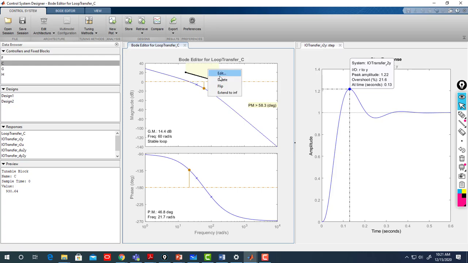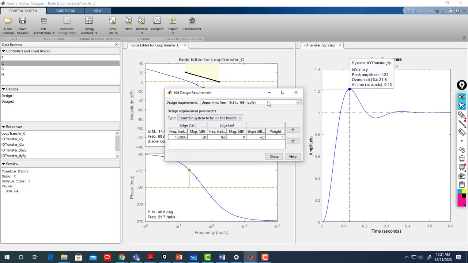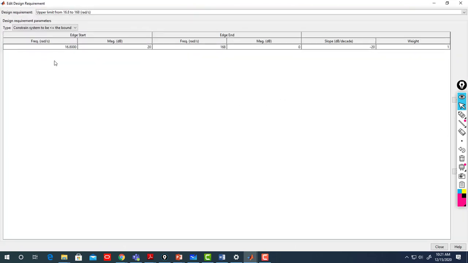Maybe if you wish, I can make it even longer, right? So how to make it longer? Edit. Maybe instead of 16.8, I put 0.168, so divided by 100, which means it's 60 decibel per decade.